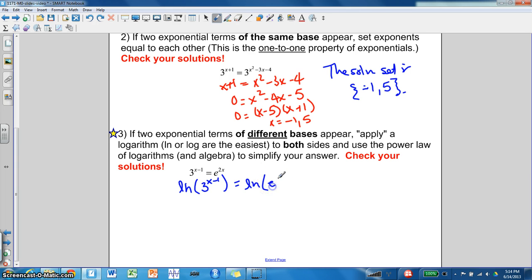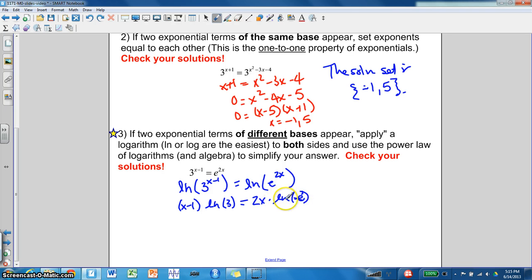So natural log e to the 2x. Okay, and from here I'm just going to use the properties of logarithms. By the power law, I can bring the x minus 1 out front, and I'll have a natural log of 3 after that. And this is equal to 2x times natural log of e.